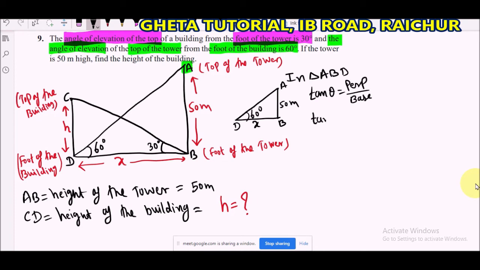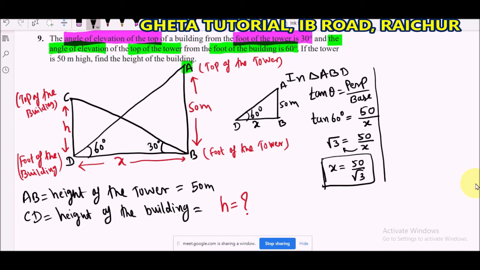Theta is 60 degrees. Tan 60 equals perpendicular 50 meters by base X. Tan 60 is root 3. So root 3 equals 50 by X, so X equals 50 by root 3. One triangle is completed.